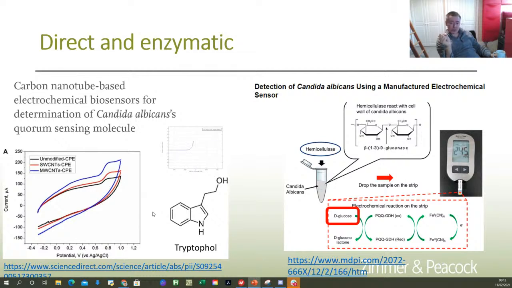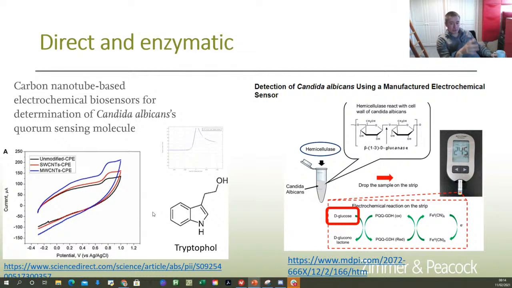And that molecule is electrochemically active. So you can detect the pathogen, not directly, but indirectly through one of these QSM molecules. So I like that one because it's quite a simple technique.